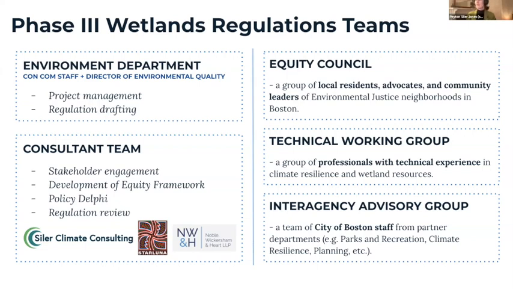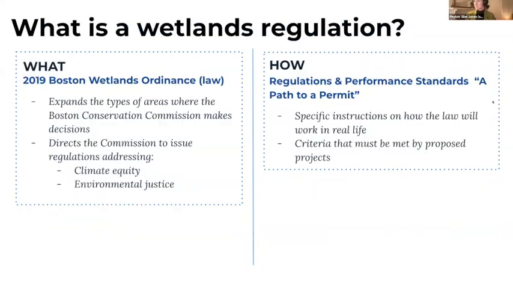We had a group of climate and wetland technical folks who have contributed to reviewing the draft regulations. And then we had an interagency advisory group with the city of Boston who provided really critical feedback at certain moments, depending on their department, on different elements of the work and what changes could be made to the regulations.